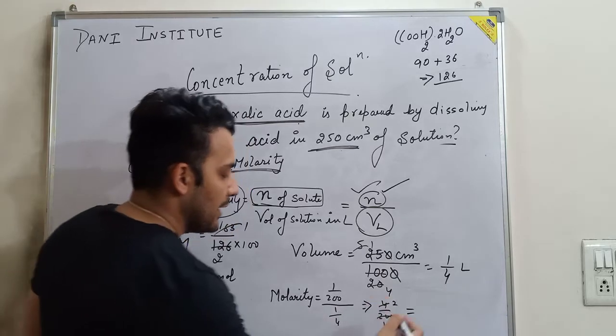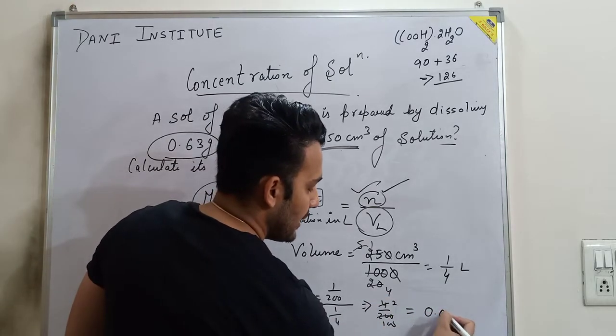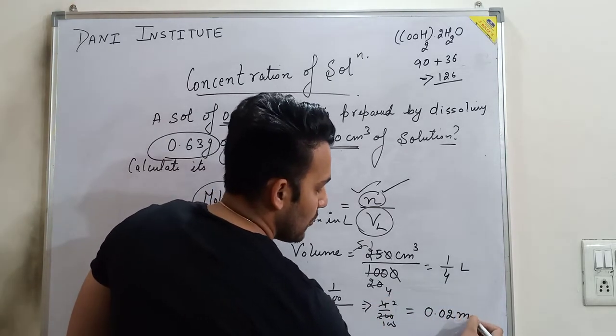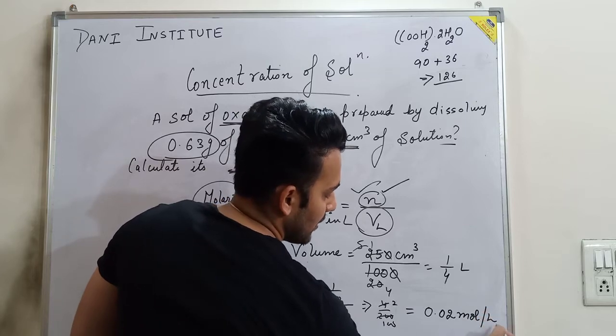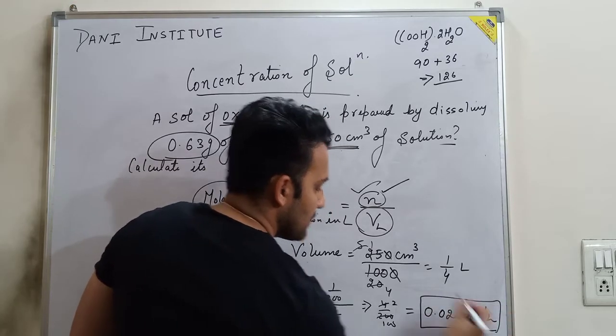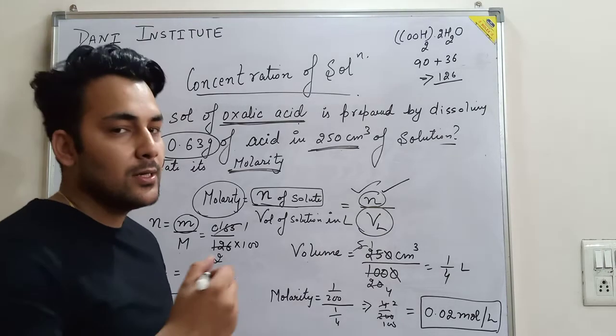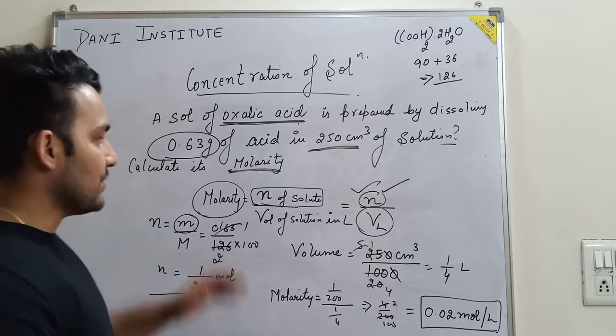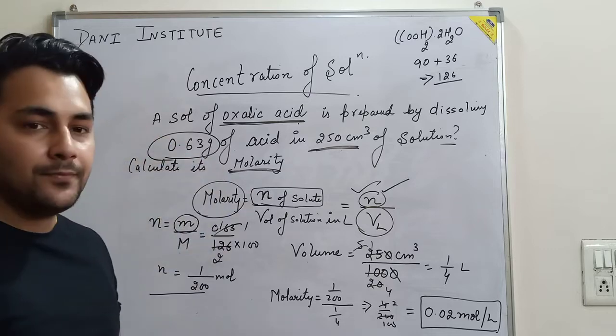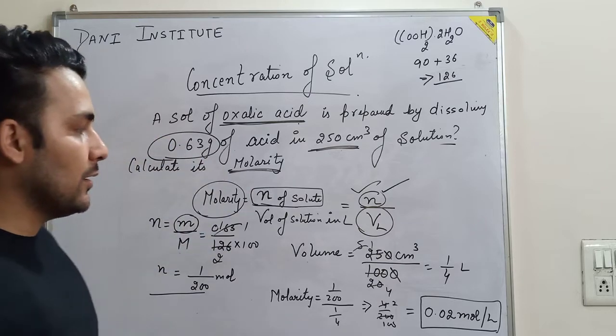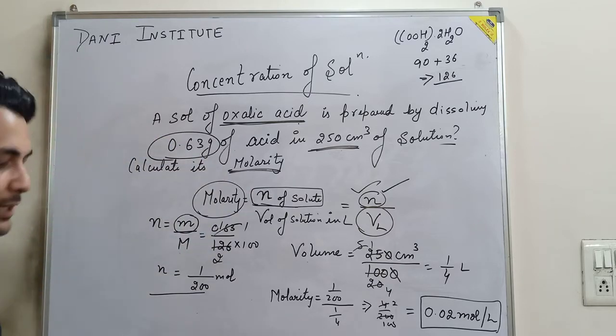Your answer after dividing them is 0.02 mole per liter. So by this we can find the molarity of the given solution. So please note it down, the whole solution of the numerical.